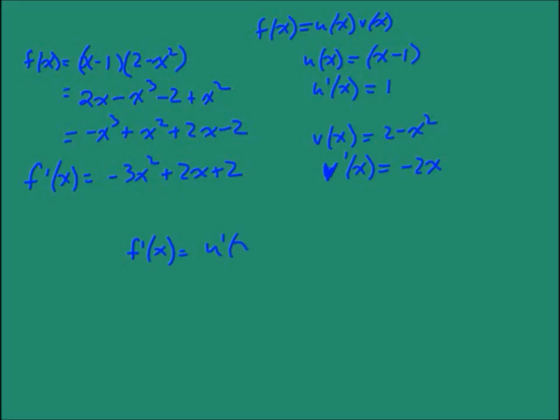Formula. And fill in what we know. We've already calculated everything. 1 times 2 subtract x squared plus x subtract 1 times negative 2x. And simplify.